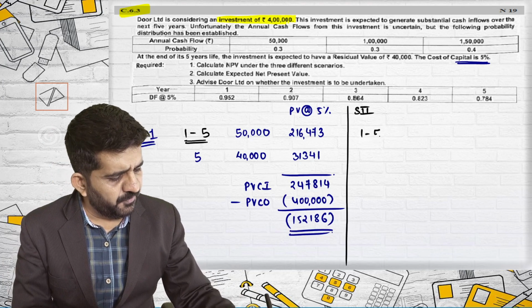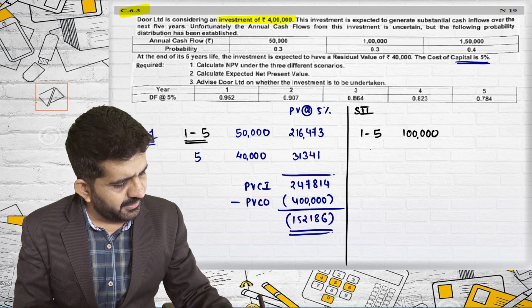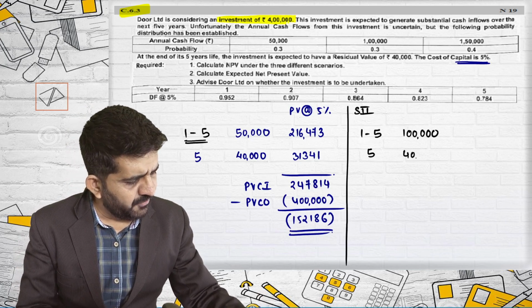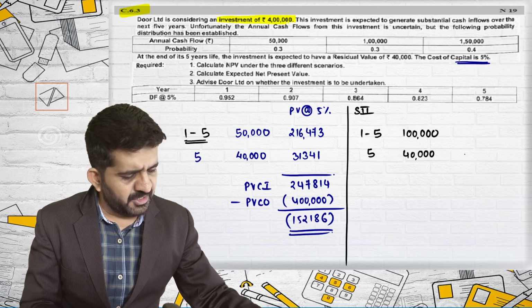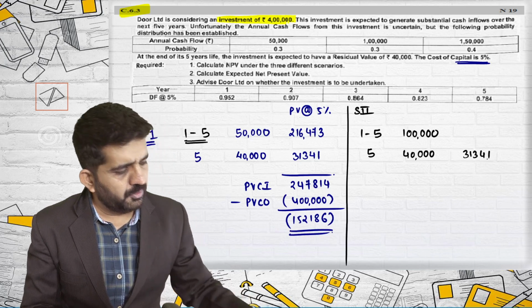Scenario 2. If 1 to 5 cash flow is 1 lakh rupees and at the end of 5th year I am getting 40,000 rupees. Present value of this will remain same, 31,341.